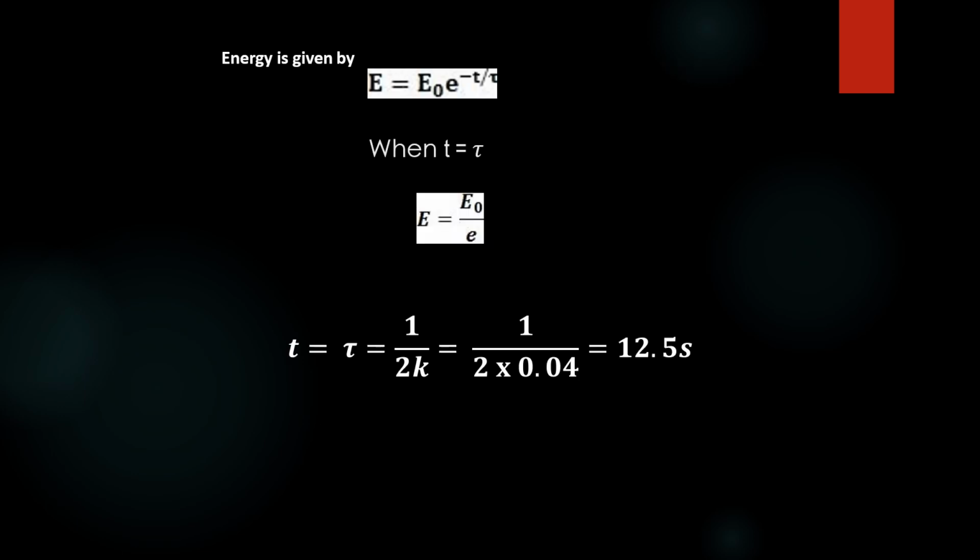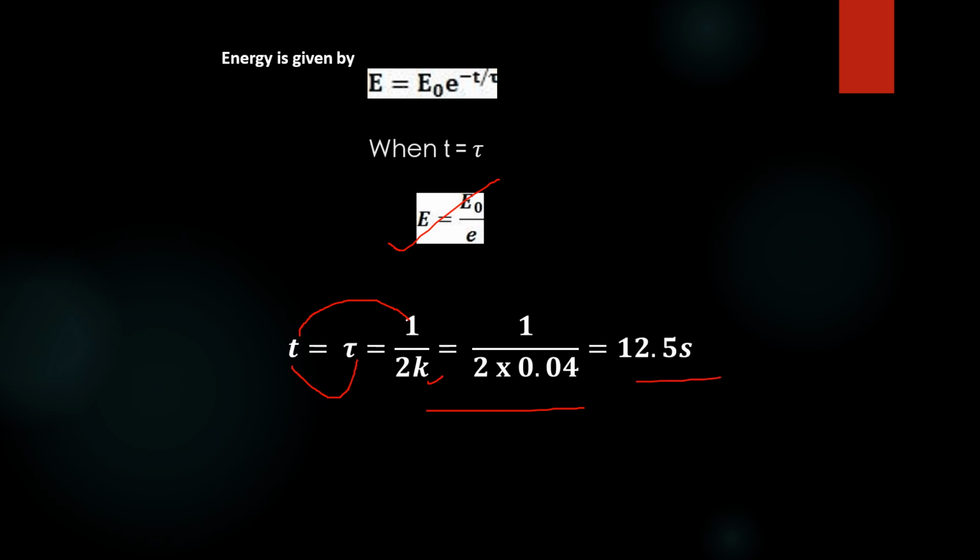Now energy becomes 1 by e times its initial value when time t is equal to 1 by 2k, that is when it is equal to the relaxation time. So t is equal to tau is equal to 1 by 2k. When you substitute the value of k here, you will get it as 12.5 seconds.